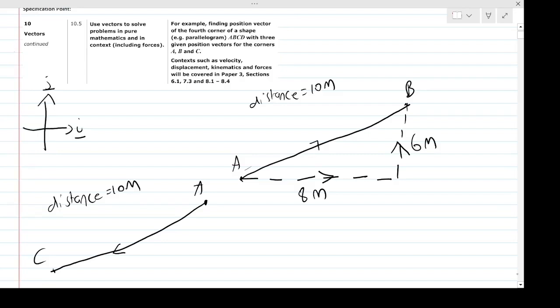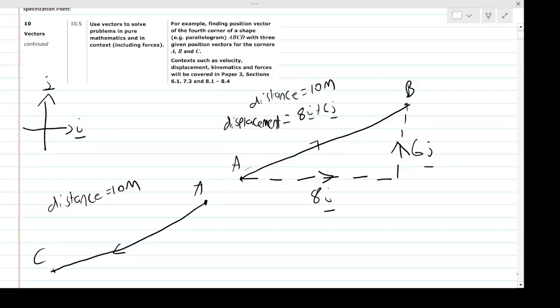So if we use i and j, 8 units forward is going to be 8i, and 6 upwards would be positive 6j. So therefore I can give this line from A to B, the direction from A to B, by this vector here, 8i add 6j. And now that's going to incorporate my direction. And so this vector is what we call the displacement.